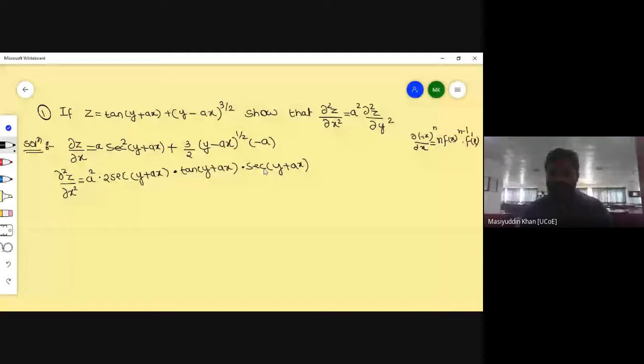I'm just explaining this part again. When I differentiate this function, 2 comes forward, sec as it is, because of the n minus 1 concept, and then the derivative of f of x, or sec of (y plus ax).